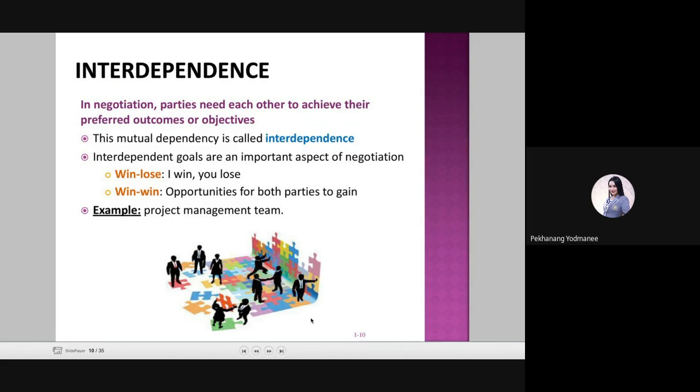The parties need each other in order to accomplish their objectives and hence have a potential to influence each other. For instance, in a project management team, no single person could complete a complex project alone. You can think about your group project.